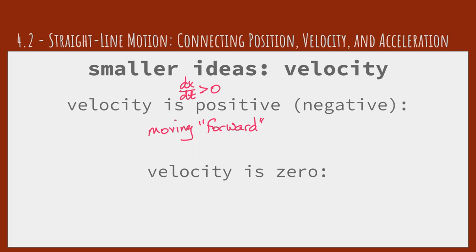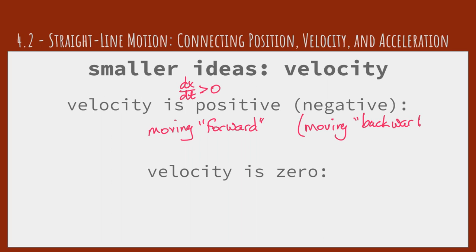If we're driving on the interstate highway, we might say forward is where the mile markers are getting bigger, where that might be a little different than typical, where we say forward is where the car is actually moving forward. From a calculus standpoint, we're looking at it in terms of a number line, so where the numbers are getting bigger. If the velocity is negative, then we would say we're moving backward.